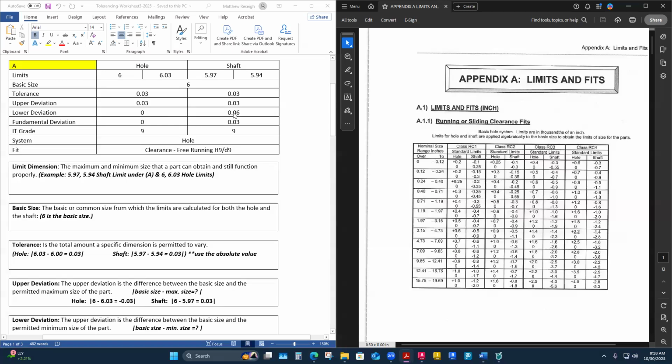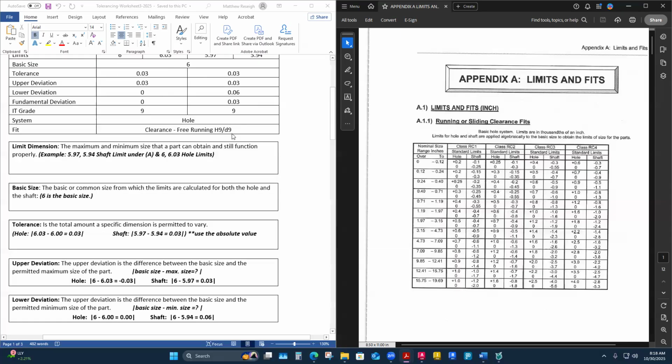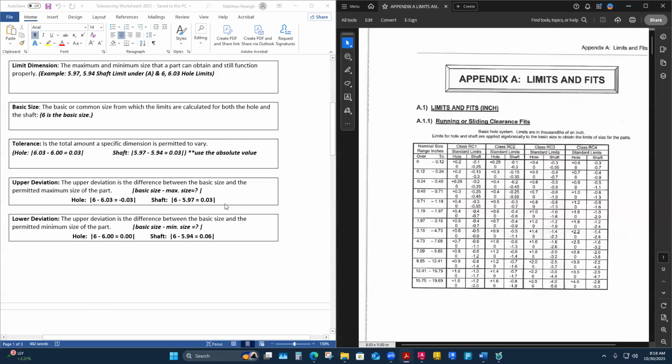And then this one here, we're actually subtracting this from 6, right? So the basic size minus the smallest shaft size that's allowed, and that's actually 0.06. These are millimeters, by the way, of variation. So if I say inches, I'm wrong.